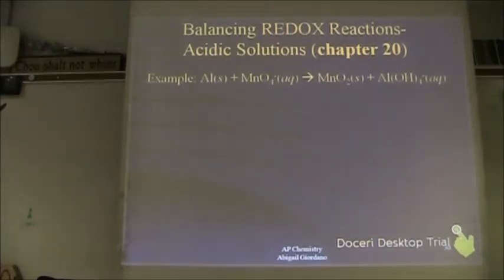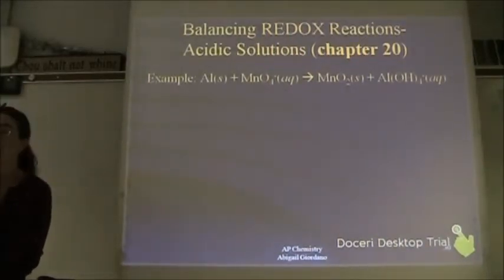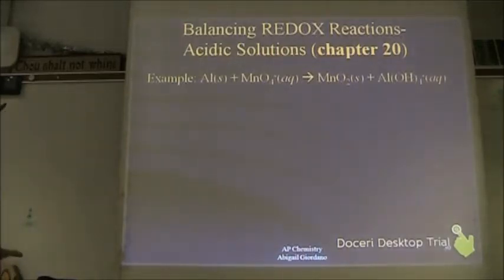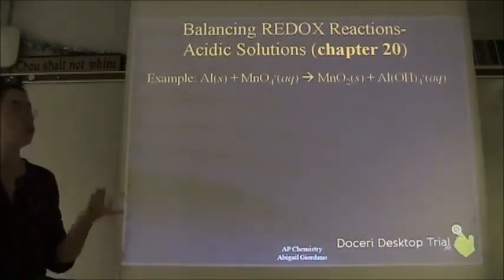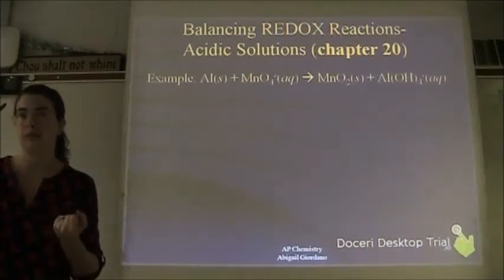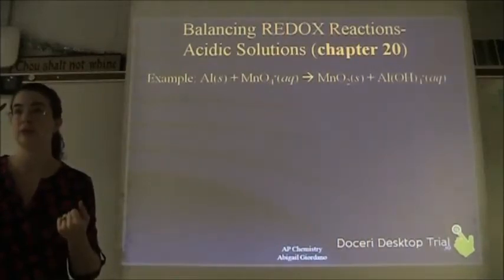Step number 1 says, write separate reduction and oxidation half reactions. Well, as we've said before, guys, a redox reaction is going to have one element being reduced and one element being oxidized. We need to figure out what those elements are. So what do you suggest I do here to figure that out?